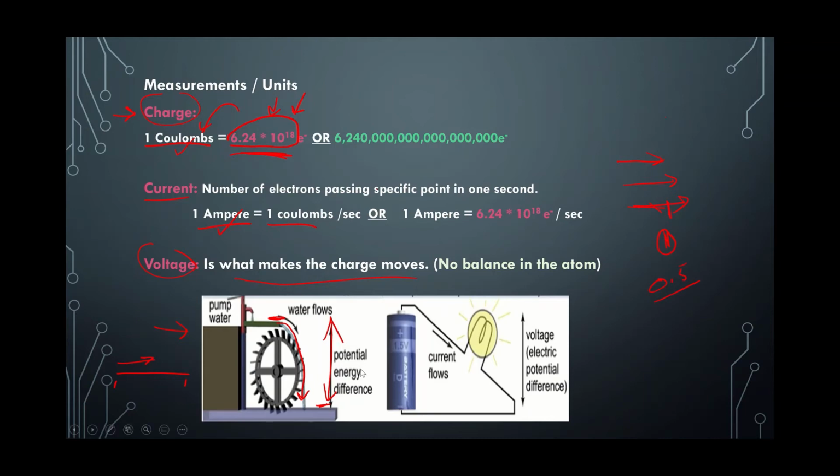The same will be applied to electricity. We have to create a potential difference between the positive side and the negative side, so the electrons move. You can see here that by the movement of water, we can rotate this wheel, right? So we are benefiting from the water flowing by rotating the wheel.